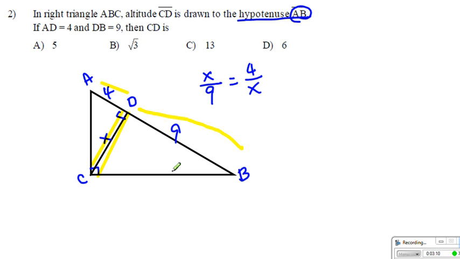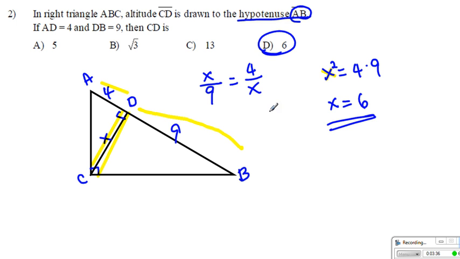In fact, if you rotate it, it looks like a smiley face. Now, in that case, one thing that we get to realize is x squared must be equal to 4 times 9. Then we get to realize x must be equal to 6. So therefore 6 becomes our answer.